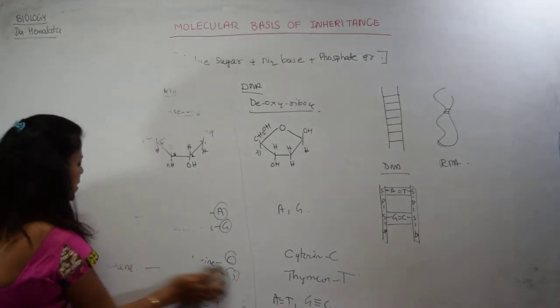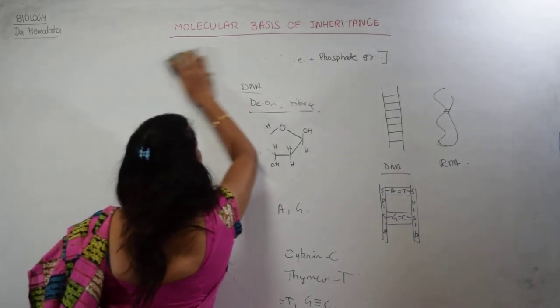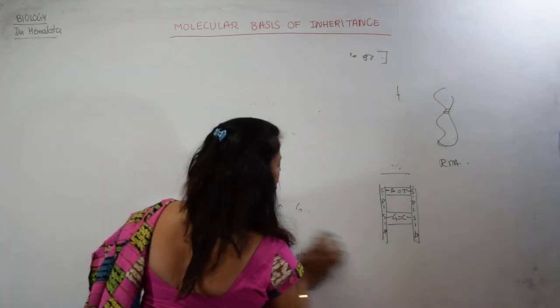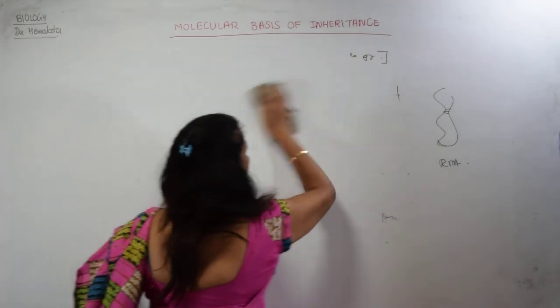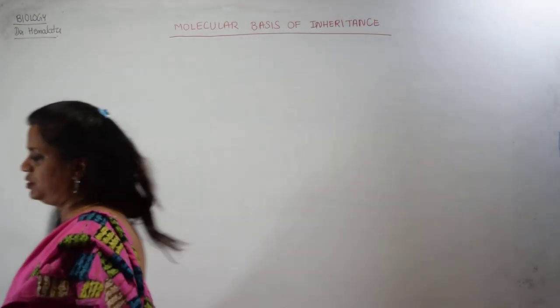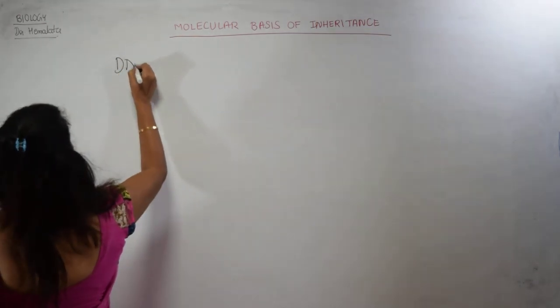So what is the major structure I told you? When you want to learn DNA structure, I told you it is a double stranded, double helical structure. Now we will not worry about RNA anymore. RNA will be taken almost at the end of DNA, after completion of protein synthesis. Let us only talk about DNA.